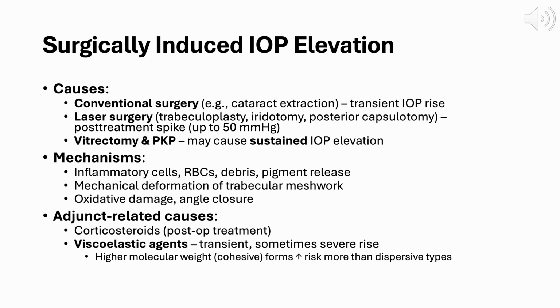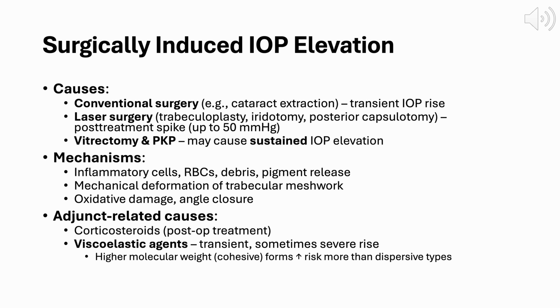Let's move on to intraocular pressure elevation following surgery. Conventional surgeries, such as cataract extraction, often cause a transient rise in IOP. Laser procedures, including trabeculoplasty, iridotomy, or posterior capsulotomy, can trigger post-treatment IOP spikes that may reach up to 50 millimeters of mercury.